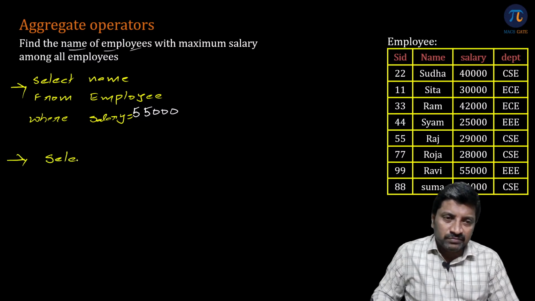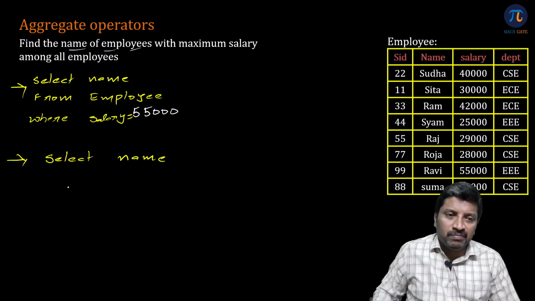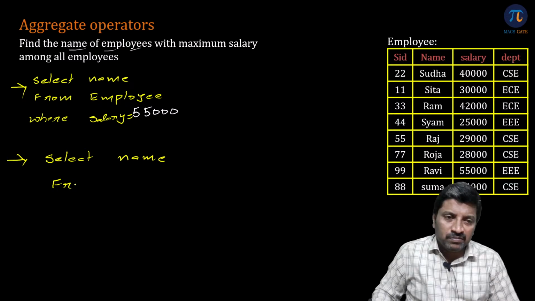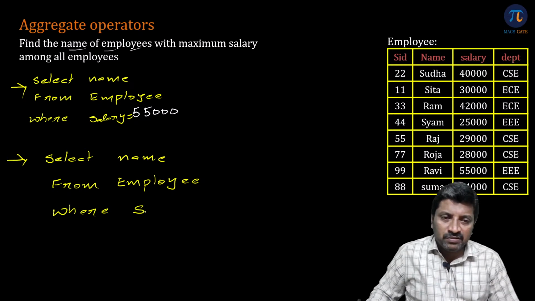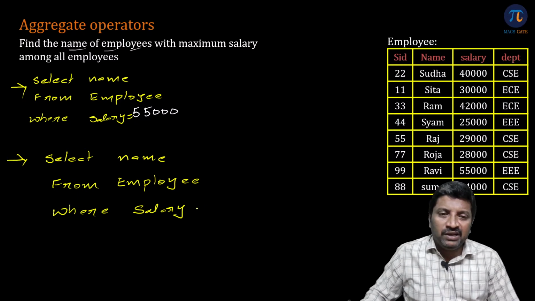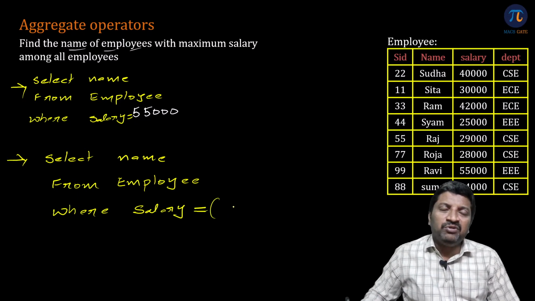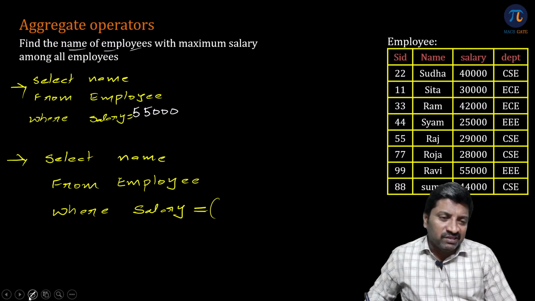Select name from employee where salary equals, how did you get 55,000? For that 55,000 we have a query. What is the query?